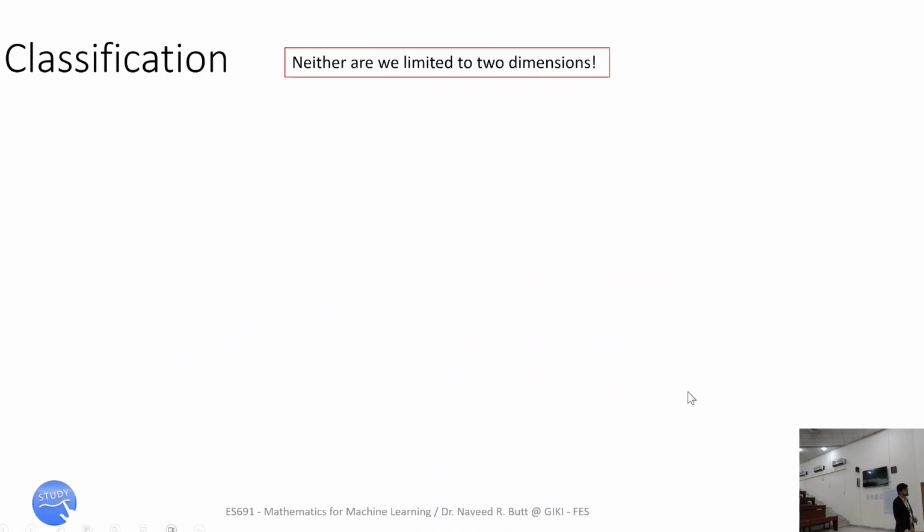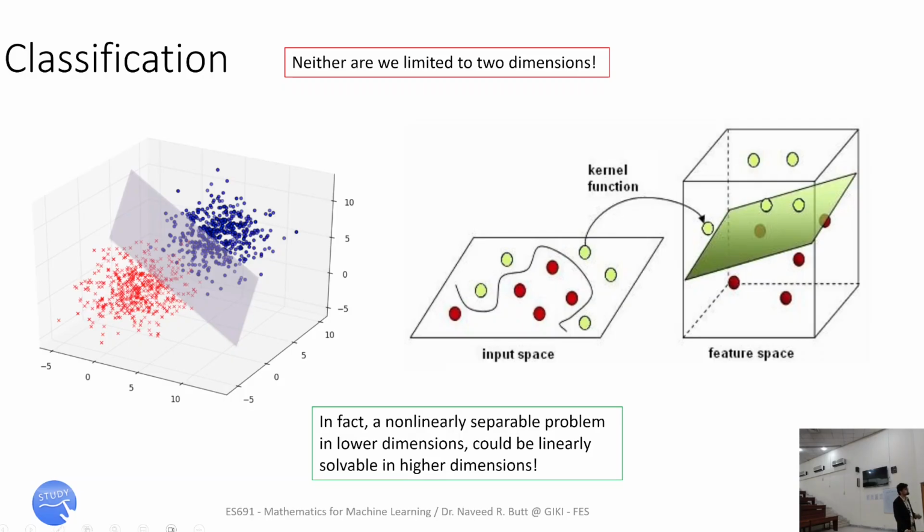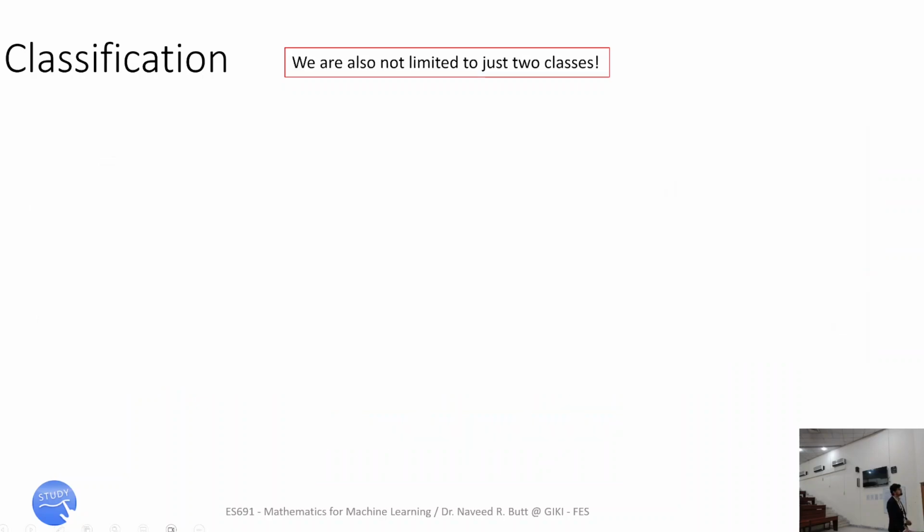You could have data in multiple dimensions, like here. Now you are not finding a line, you are finding a plane or a hyperplane between the classes. In fact, sometimes we trick the system. A non-linearly separable system in lower space might actually be linearly separable in a higher space. So we will see that also. But in any case, we are not limited to 2 dimensions.